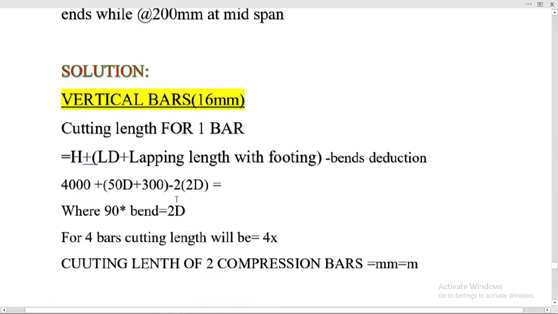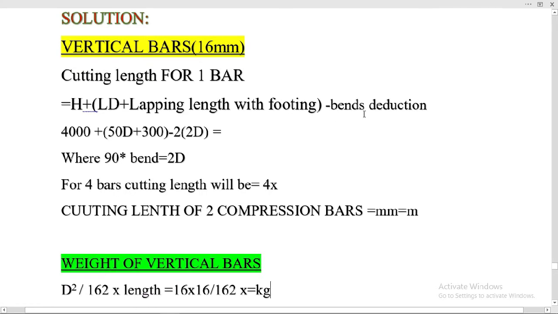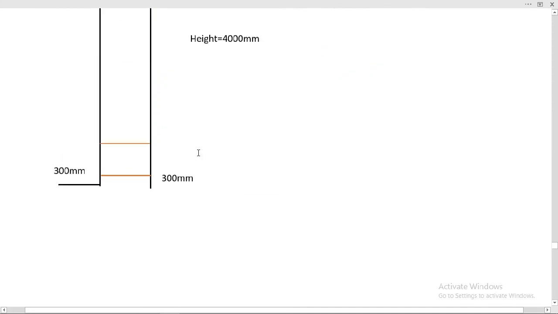So next, minus bend deductions. For one longitudinal bar, we have two 90-degree bends. I want to show the 90-degree bends in the elevation view of the column.